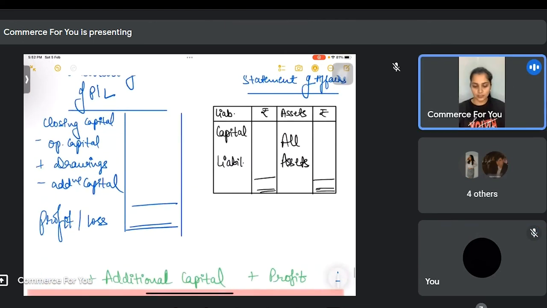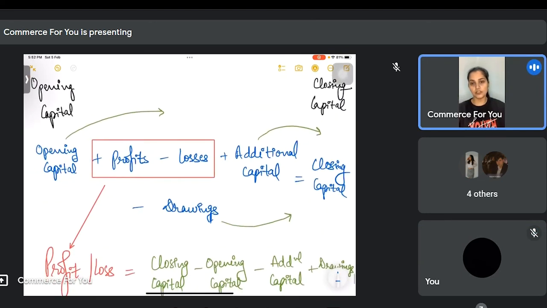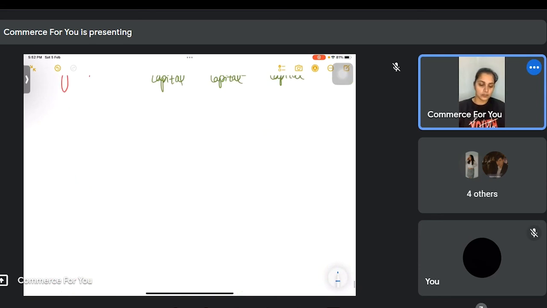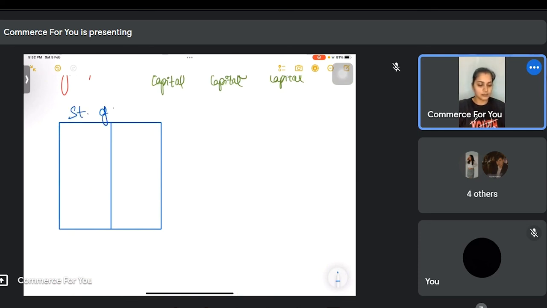This all is done. Now, in the question, they can confuse you. They might not provide you opening capital. Statement of affairs, if they don't provide you opening capital, how can you calculate it?